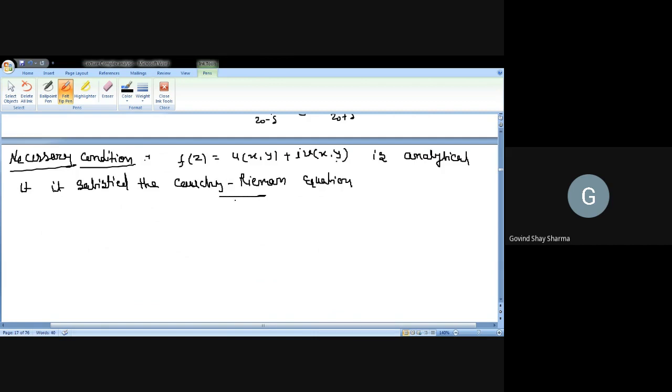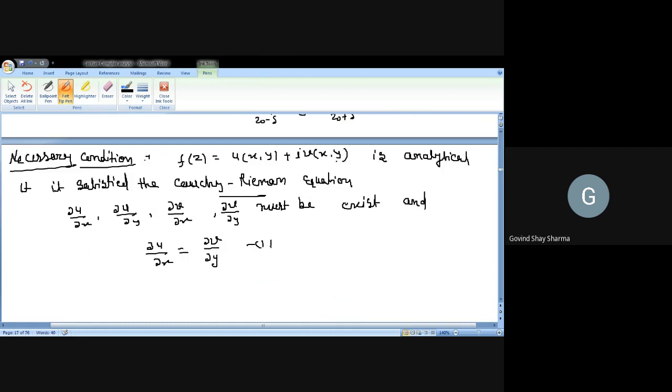The partial derivatives del u upon del x, del u upon del y, del v upon del x, and del v upon del y must exist, and del u upon del x is equal to del v upon del y, equation number one.